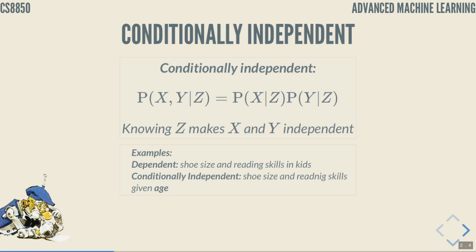The older the child, usually the better they read. So once we fix the age, say 4-year-olds or 7-year-olds, and within that fixed age we compare shoe size and reading skills, there won't be any relationship.